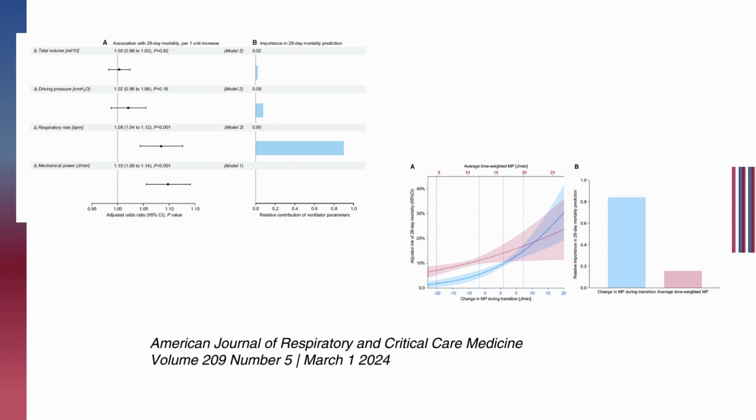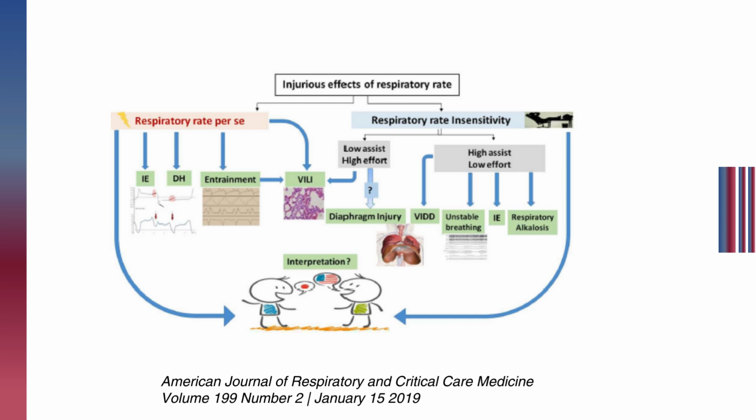Okay. And we'll start to see a lot more evidence for what the effects of high respiratory rate are on outcome and on patients' ARDS progression or just the course of their stay in ICU while on mechanical ventilation, because respiratory rate can have a number of injurious effects both on the lung itself but also on the diaphragm.